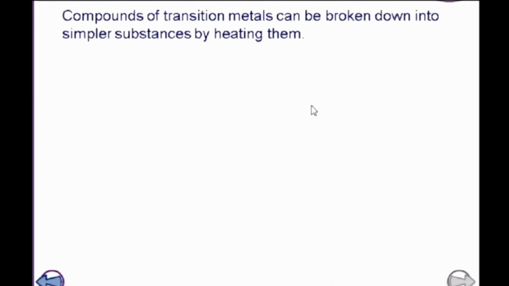Now this topic is, when we heat something, it will break down. So compounds of transition metals can be broken down into simpler substances by heating them. Next chemical property is when we heat transition metal compounds, they will be broken into simpler substances.